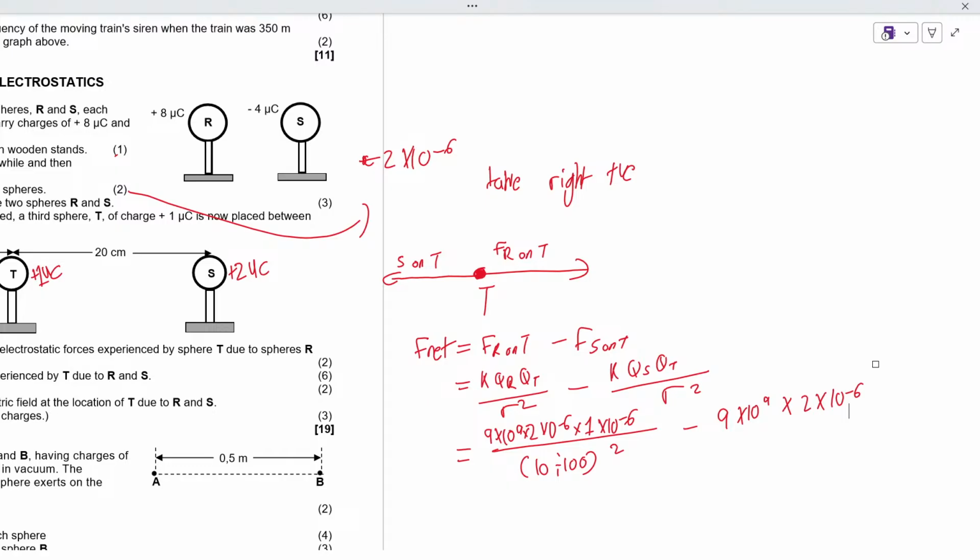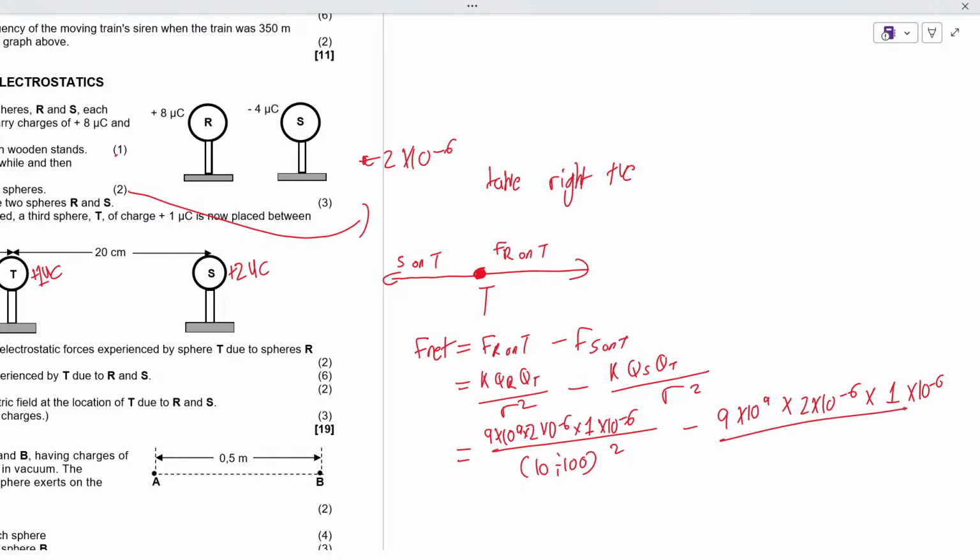So we must just put the right one. So Q_S, what is the charge for this one? It's still 2. And then what's the charge for T? It's 1. It's given in the information.